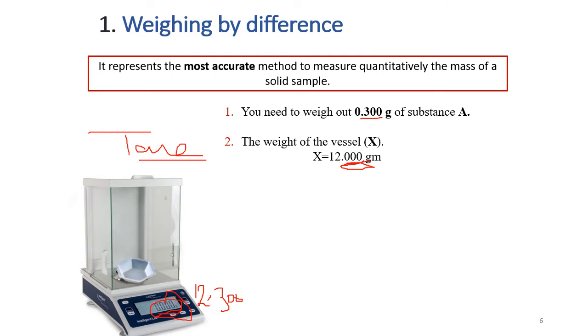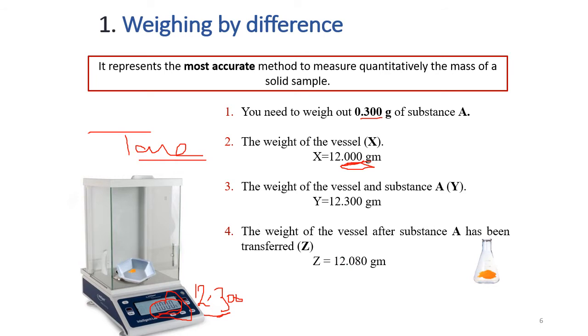Do they need to be accurately 12.3? No. If you got 12.31, it's okay. If you got 12.32, it's okay. No problem with this. Why? Because we will then take the boat together with the powder, and then you will remove the powder into the vessel or the other container that you will be provided with.